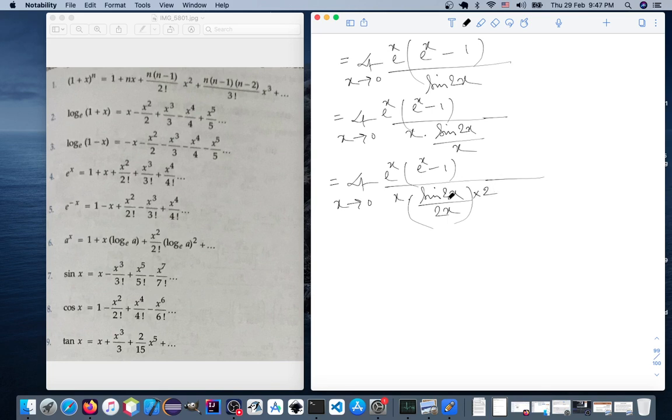We already have sine 2x by x, but we need sine 2x by 2x. So we added the 2x and we multiplied by 2, so it gets adjusted.